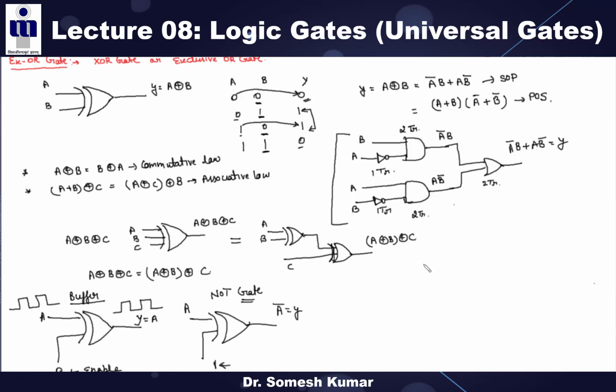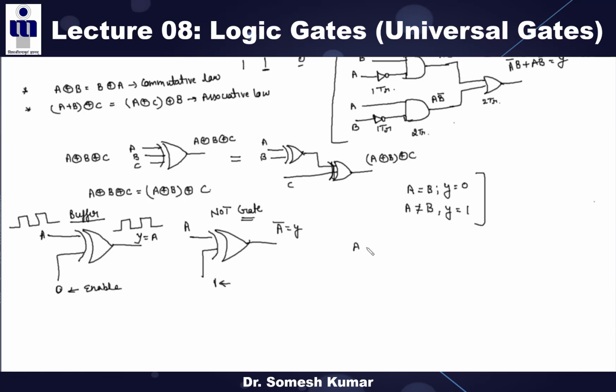Also we can say if A is equal to B, then the output is 0. If A is not equal to B, then the output is always 1 in case of your XOR gate. Right? Now, can I say this statement?